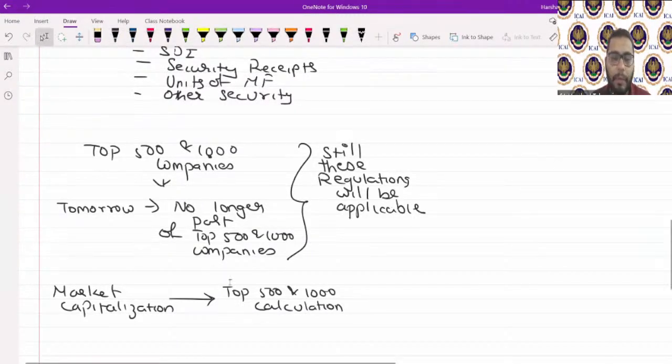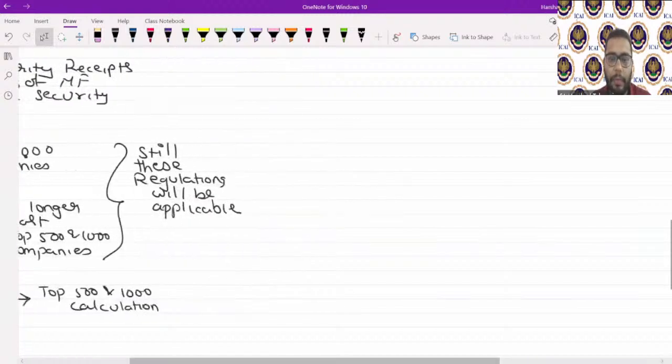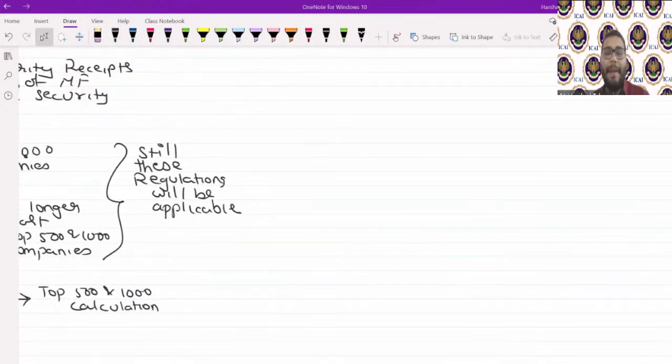Second, these conditions are applicable in case of listed debt securities.